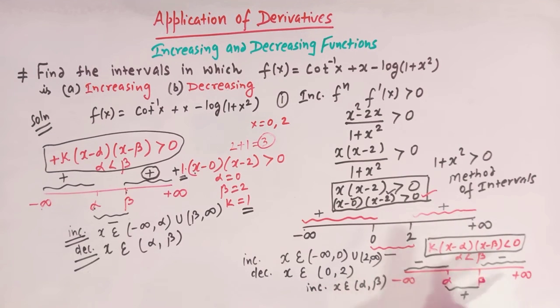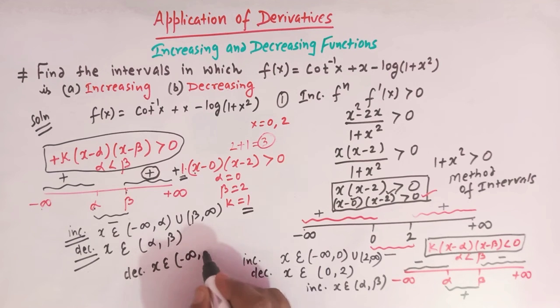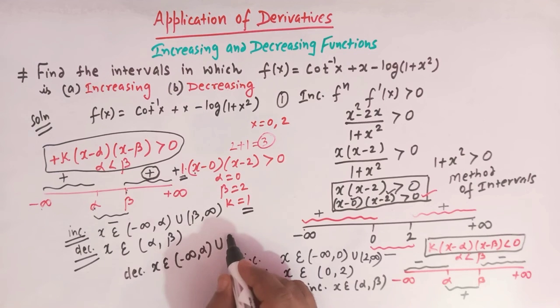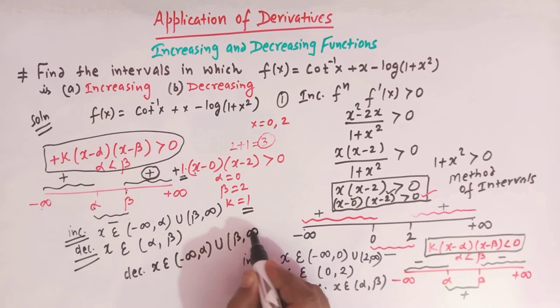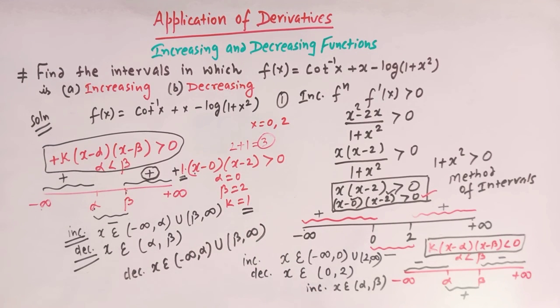But the function is decreasing for x belonging to minus infinity to alpha union beta to infinity. So this is how the method of intervals can be utilized to find out the intervals in which a function is increasing and decreasing.